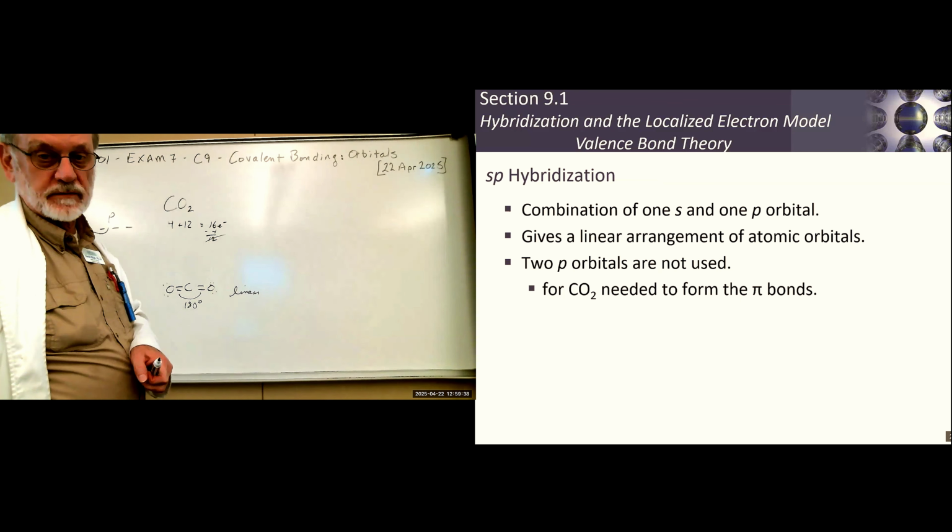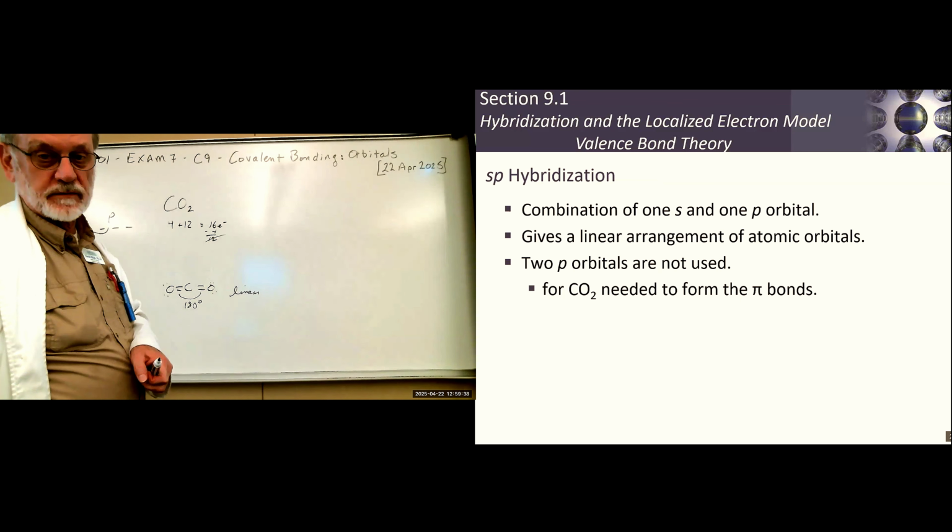So what do we have left over? Well, we have 2 unused p orbitals. Right? 1 of them is in this direction and the other one is back into the board. Okay. All right, let's hybridize oxygen while we're here.